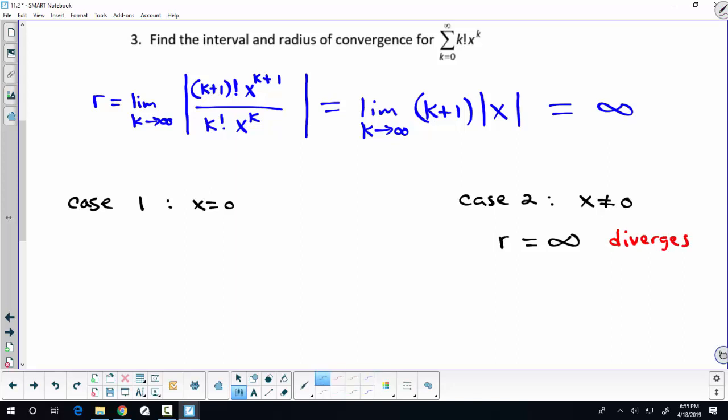When x is equal to 0, our ratio will be 0, which of course is less than 1, which converges. So we only get one value of x that makes this series converge. We don't get all real numbers like we did in that first example, nor do we get an infinite set of x values within an interval like we did in the last example. It's just one x value.